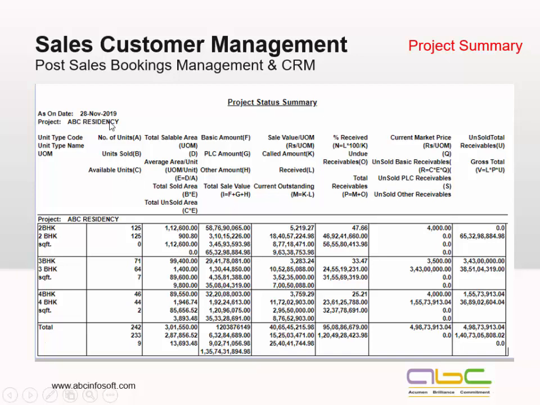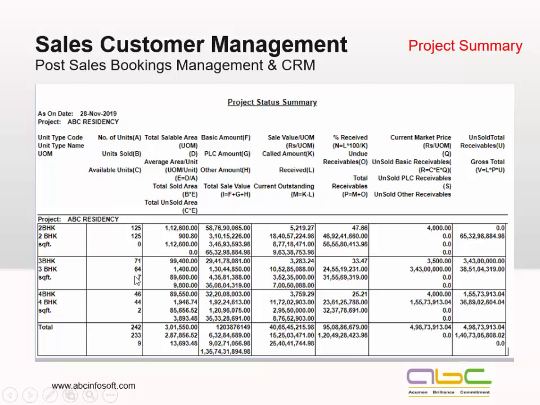This is the project summary. It has been bifurcated into 2 BHK, 3 BHK and 4 BHK unit types. Within 2 BHK, this is the total number of units, units sold and units available. Let's say if you go for 3 BHK, total is 71, sold is 64 and 7 are available. And for the total, this is for 242 units, 233 sold and 9 available.